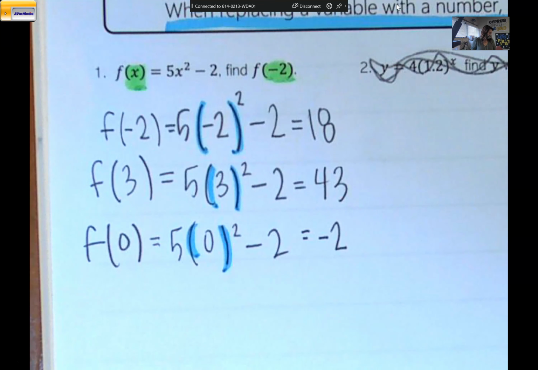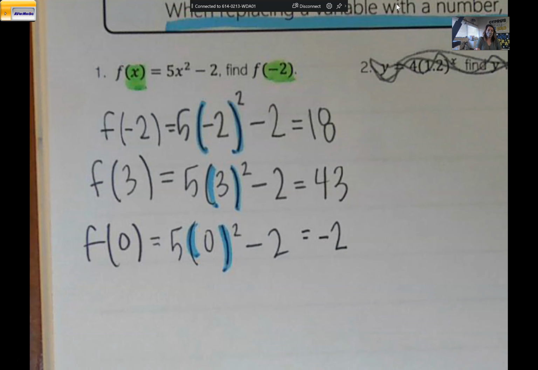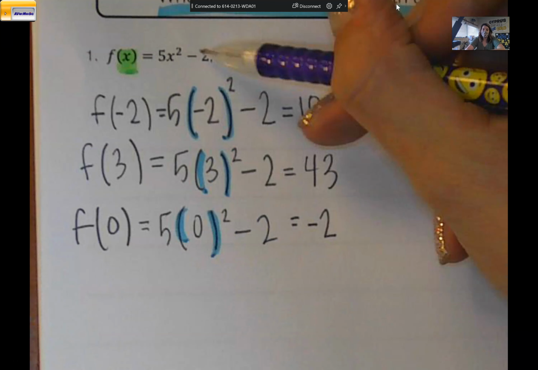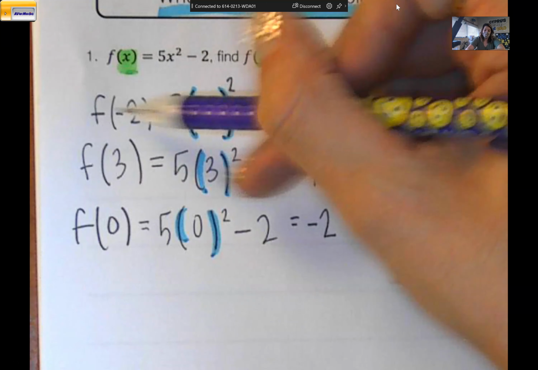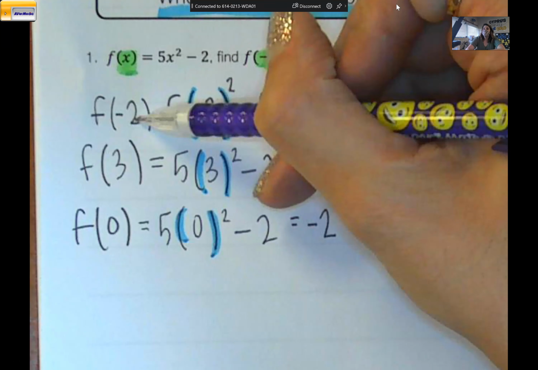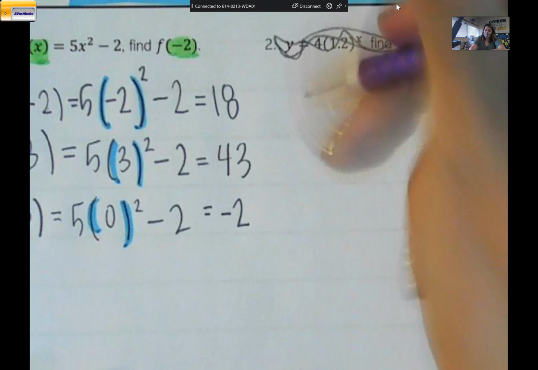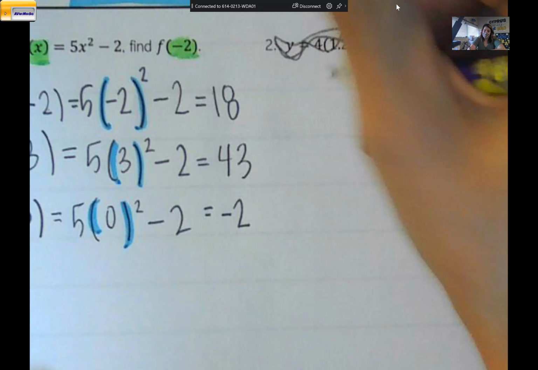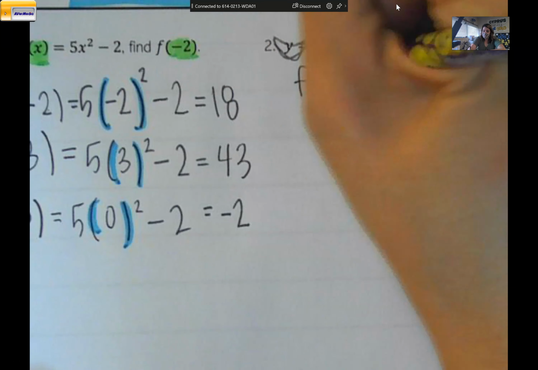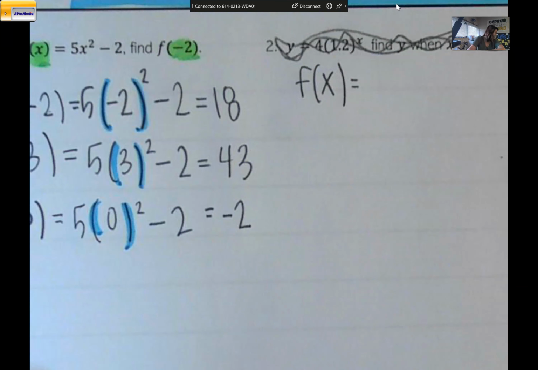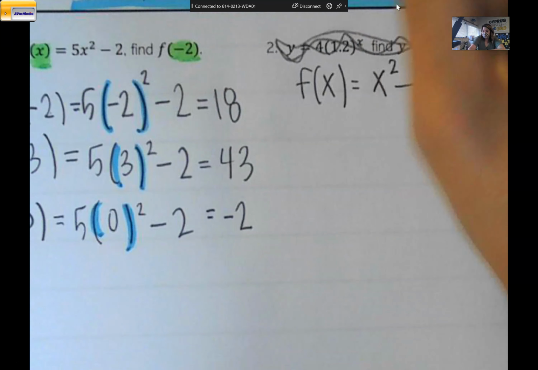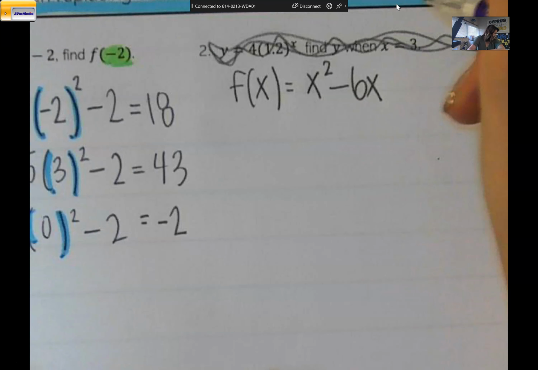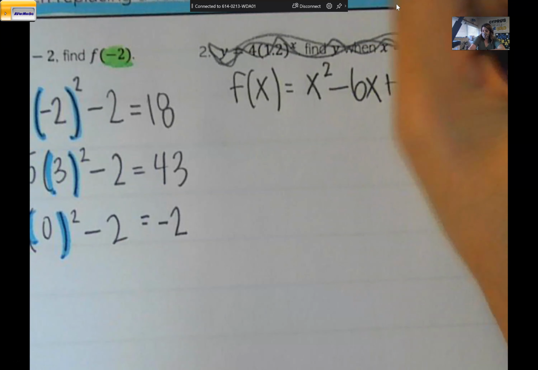Okay, so the next kind of problem that you'll see in your quiz, so you're going to see one like this, where they give you a function and then they tell you using an f of to evaluate it. The other kind that they are going to give you is a table. So this time your function is f of x equals x squared minus 6x plus 5.